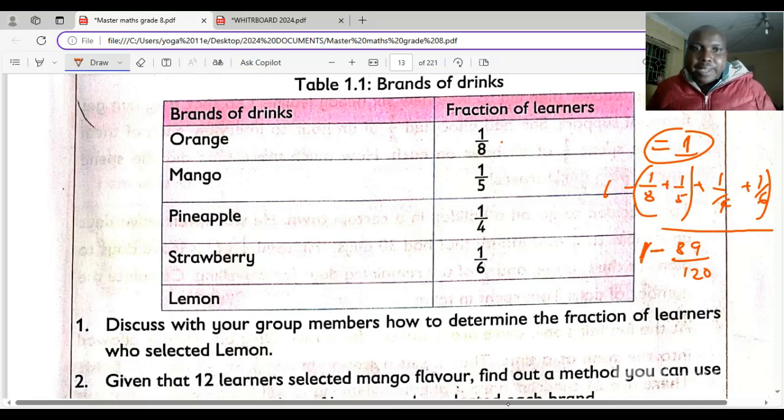So the fraction that remains for lemon is 1, the total, minus 89 over 120. So it is 120 minus 89, that's what remains. So this one will be 31 over 120.